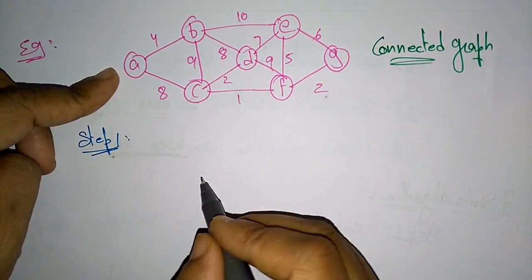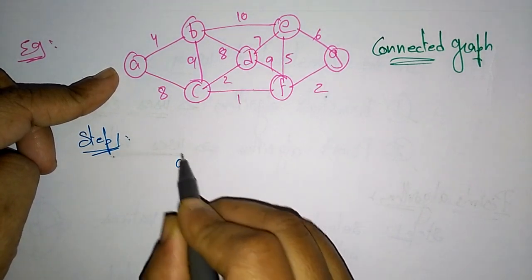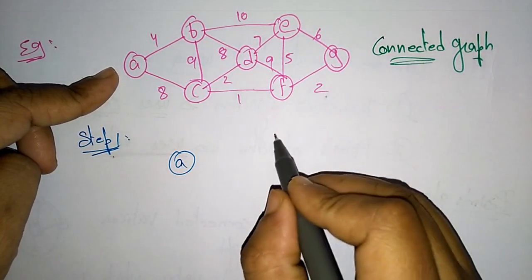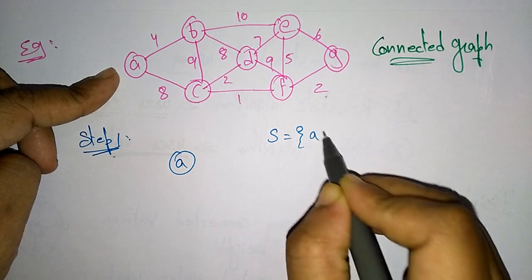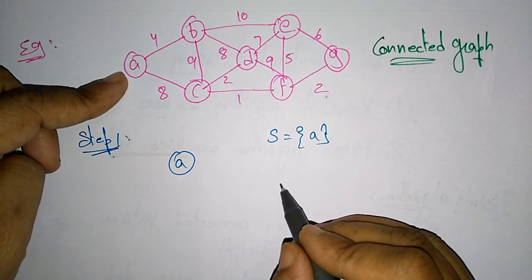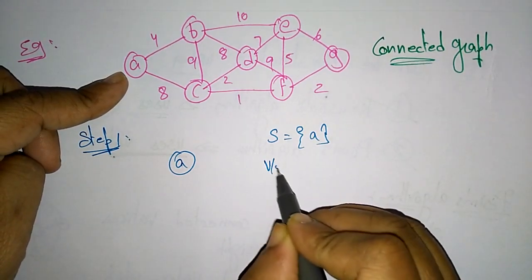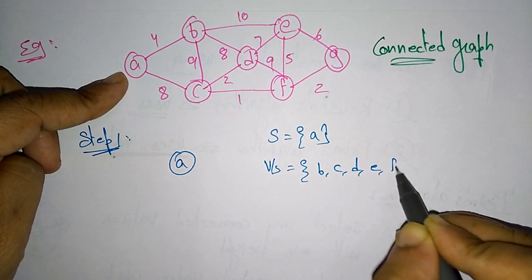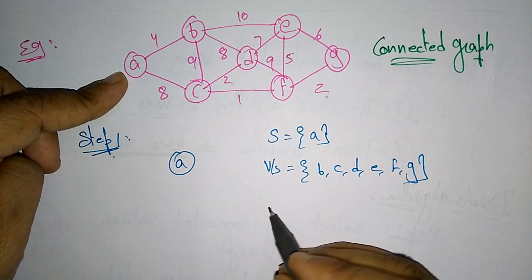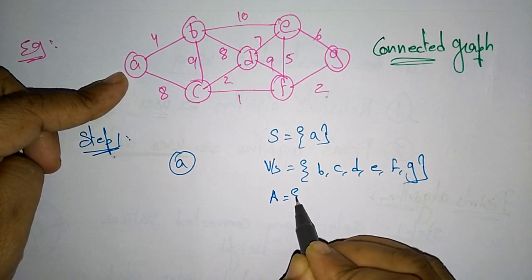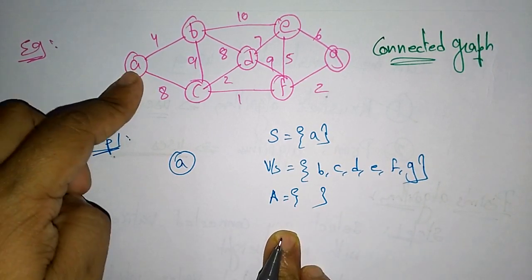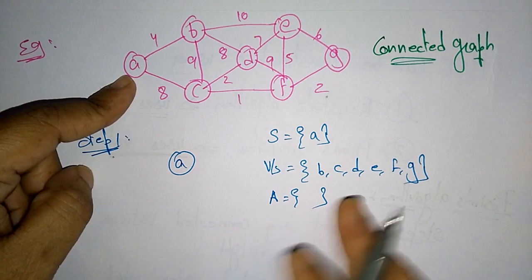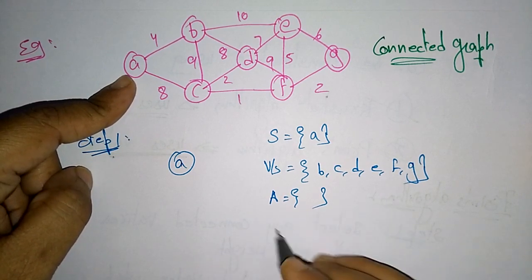So now I'm taking vertex A. Here the set contains only one vertex A, and the remaining vertices present in this graph are B, C, D, E, F, G. And the set of connected vertices is empty, so no connected vertices are there.